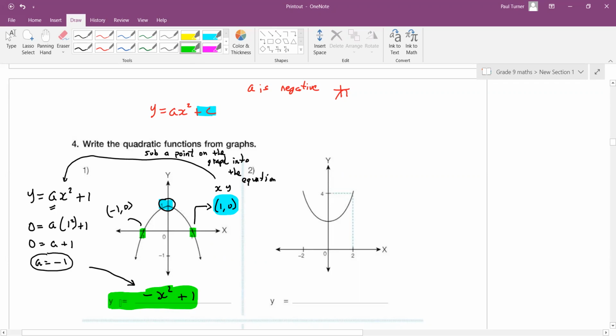That's the first one. All right. Now, just to help you out, this graph has, we don't know this point here. Okay, we don't know the vertex, but we know this point is on the graph and A is positive. So this is 2, 4. Right, I'll give you a few minutes. Why don't you think about how you're going to do this one? How would you get the equation?